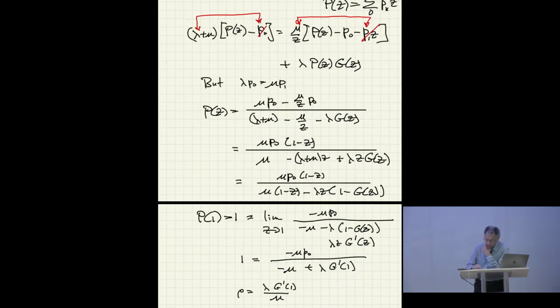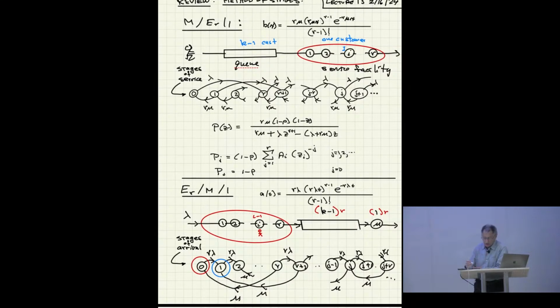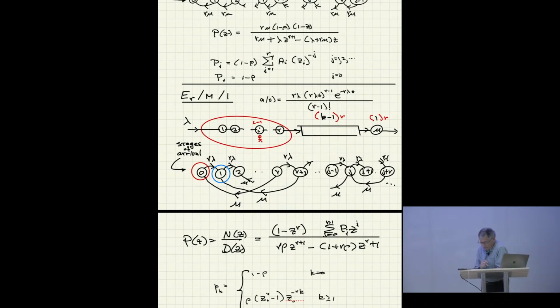Well, let's go back to our review today. I just took MER and I recognize it's a bulk arrival. ER1, which looks like every time a customer leaves, he throws away R stages of arrival in ERM1.